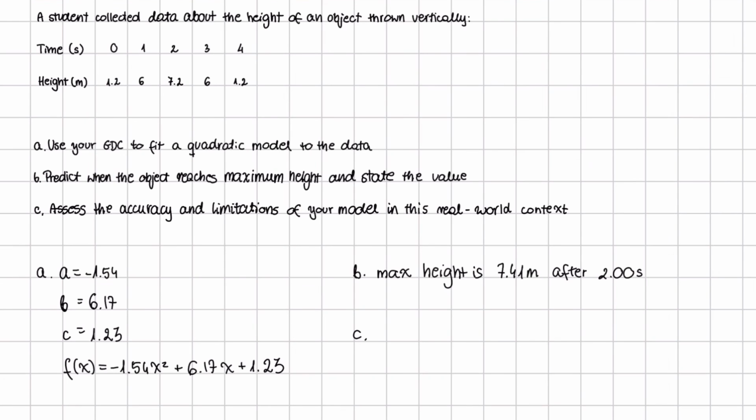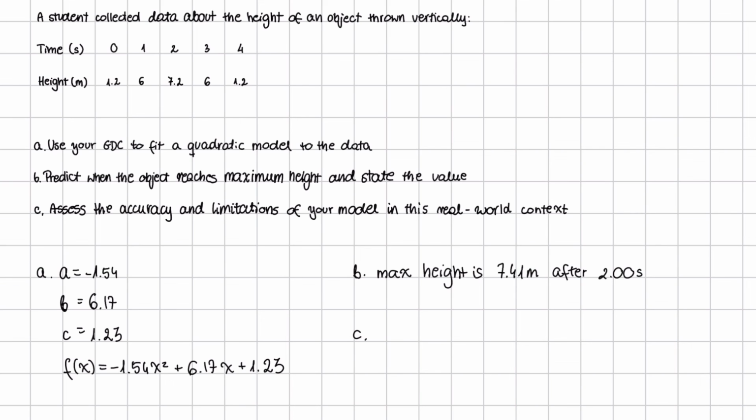C, assess the accuracy and limitations of your model in this real world context. So we can observe from our table as well as from our graph that our model fits, we can say, perfectly the data, because we can observe that our table is rather symmetric and our points generally lie on a perfect parabola.